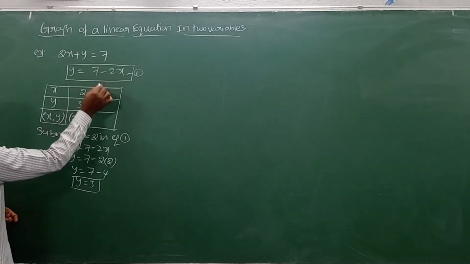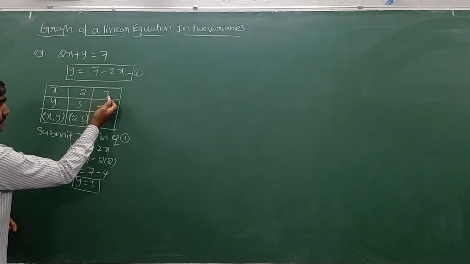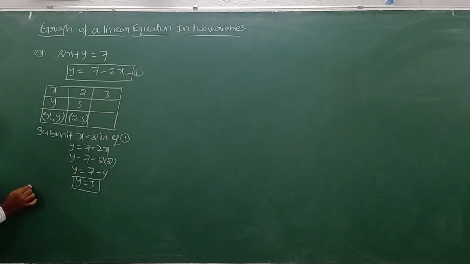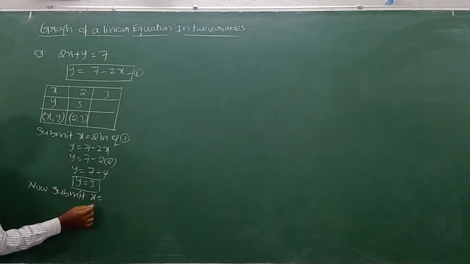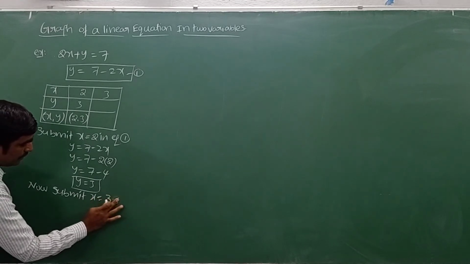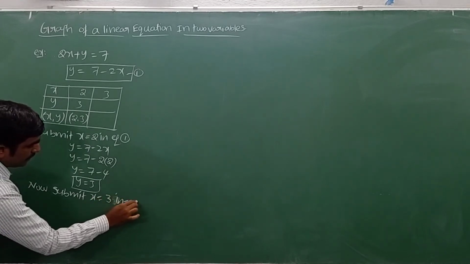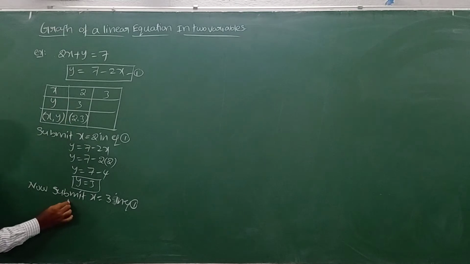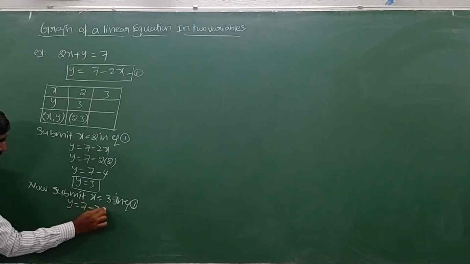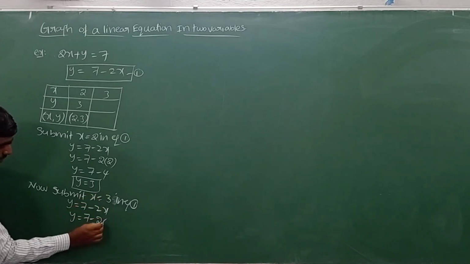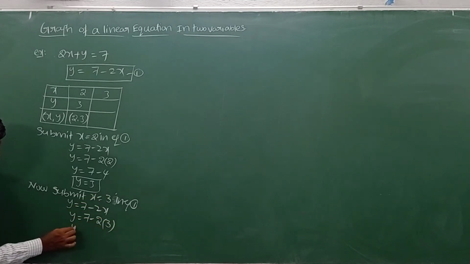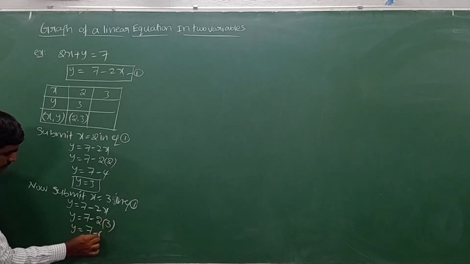Similarly, you can take another x value to get the y value. Let me take x = 3 and substitute it in equation 1. Equation 1 is y = 7 - 2x. So y = 7 - 2 times 3, which is 6, so y = 1.